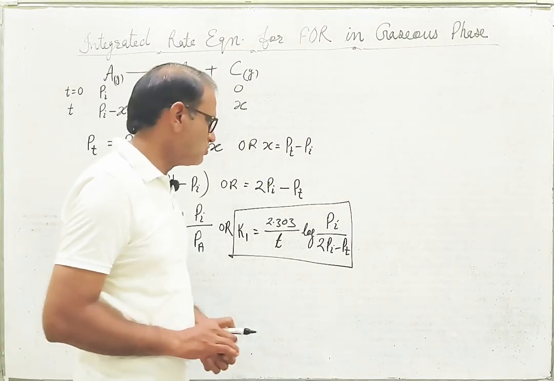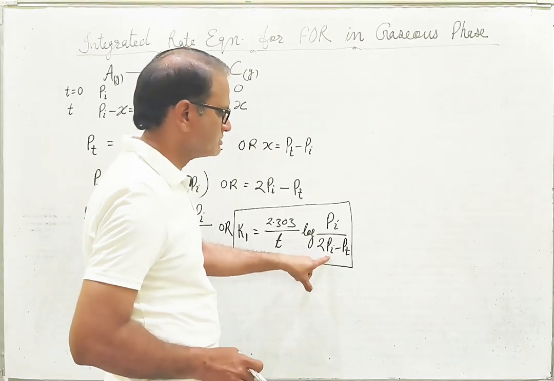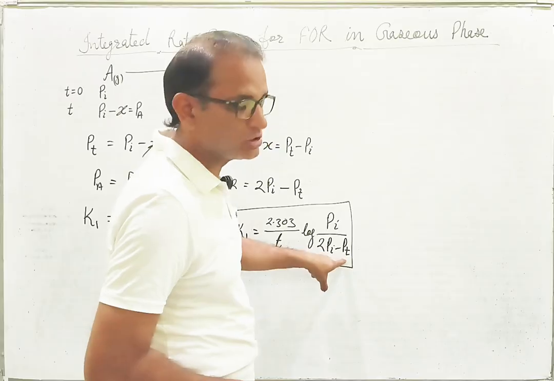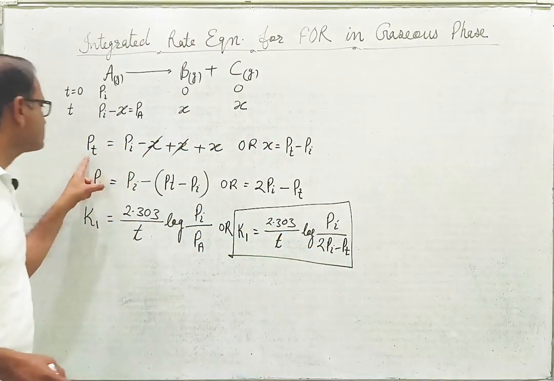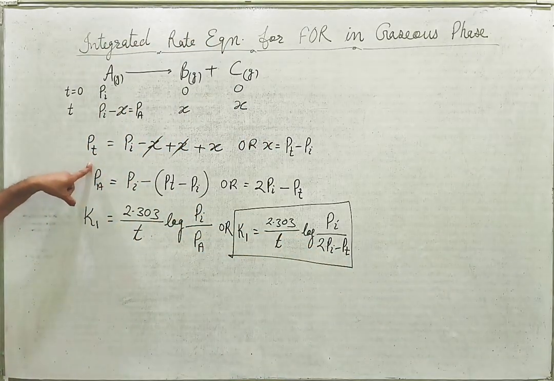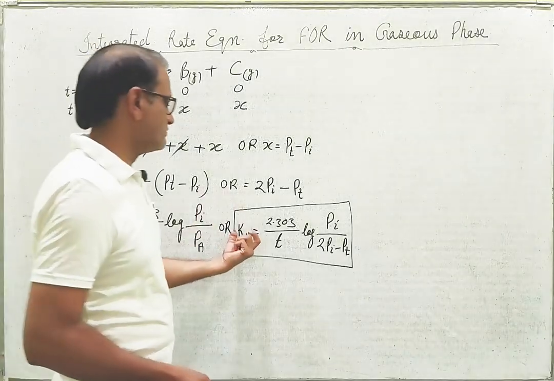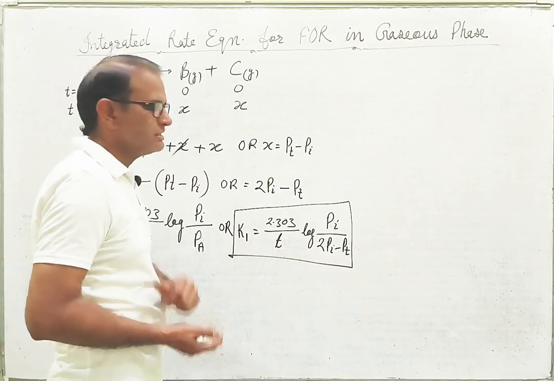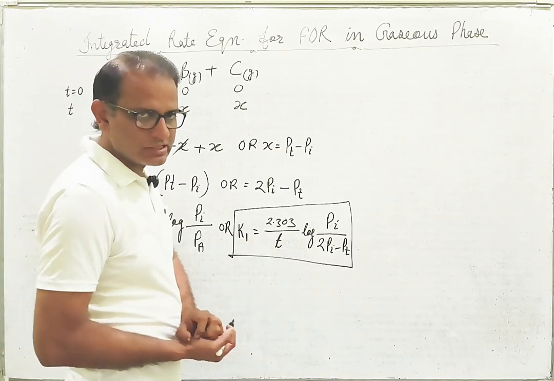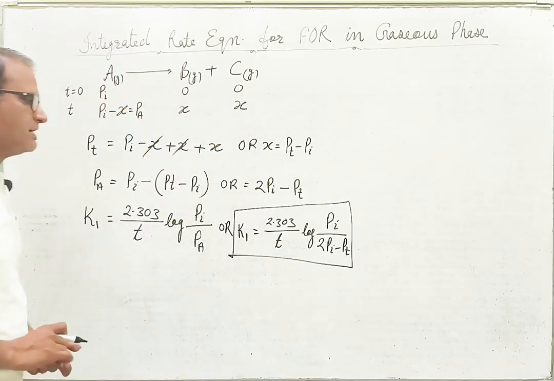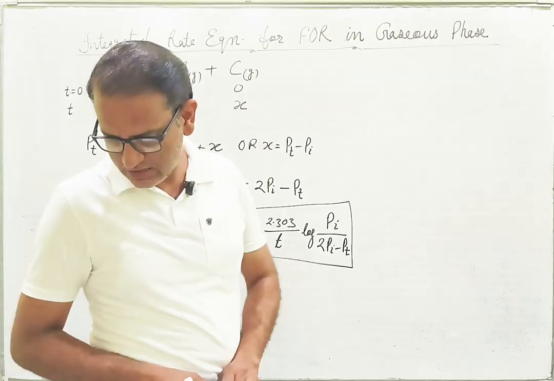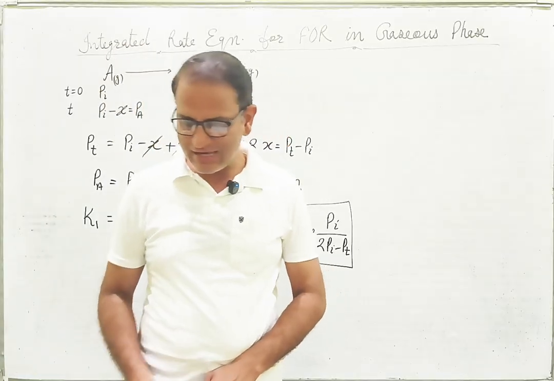So this is how we can calculate if we have initial pressure Pi and the pressure Pt, total pressure of all the gases at time t. From this equation we can calculate K1, or if we have K1 then we can calculate the time t taken for the completion of a reaction, like 25% or 50% or whatever. So this is the equation for gaseous phase.